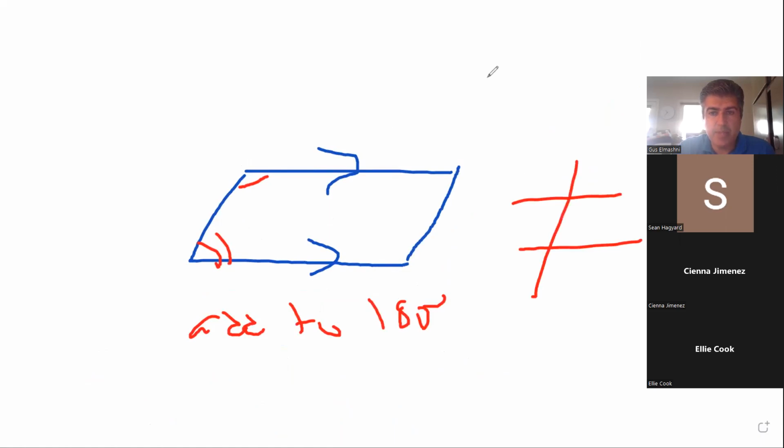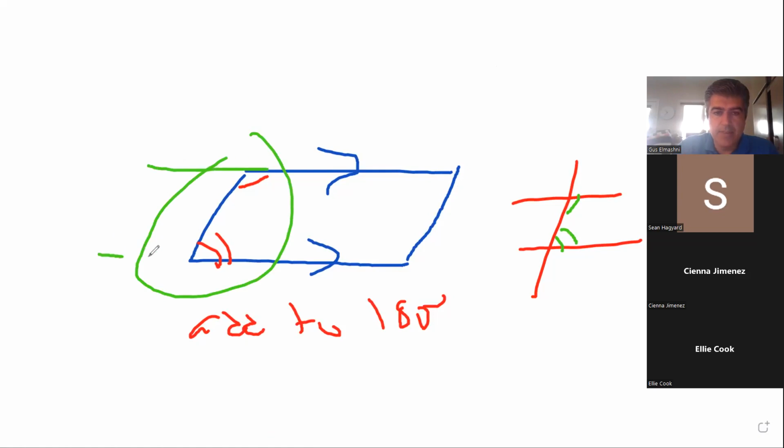And remember, we talked about same side interior angles, or consecutive interior angles, add to 180. So it's the same thing that's happening here. If I were to extend those sides and have a transversal that goes through it, that happens. And then likewise over here, which explains why those opposite angles are going to be the same, because of the parallel line phenomenon we have going on here with two pairs.